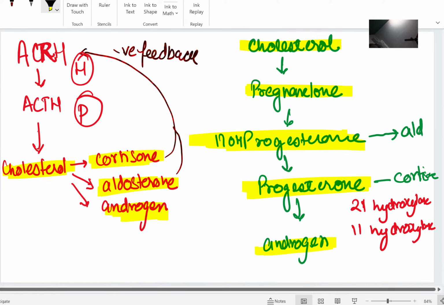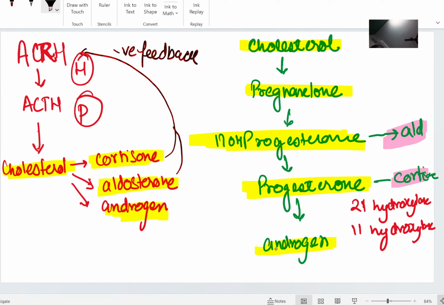The progesterone is converted into cortisol, and also into androgens. What are the enzymes working here? 17-hydroxylase, 21-hydroxylase and 11-hydroxylase.